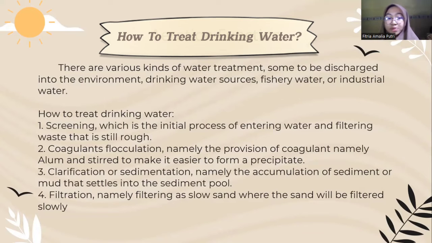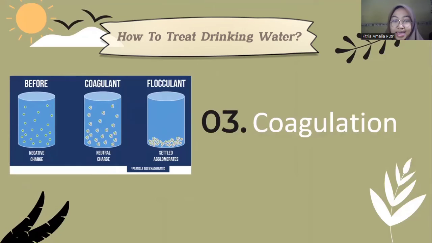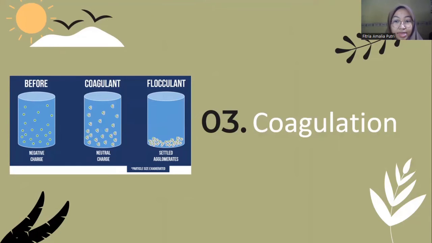The third process is clarification or sedimentation, namely the accumulation of sediment or mud that settles into the sedimentation pool. The fourth process is filtration, namely slow sand filtering, where the water will be filtered slowly. And the next summary is coagulation.